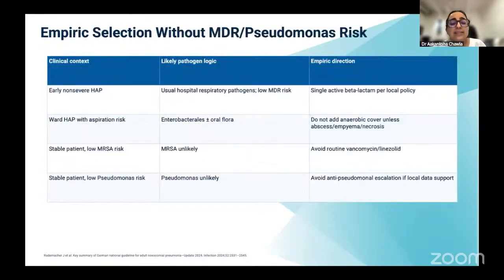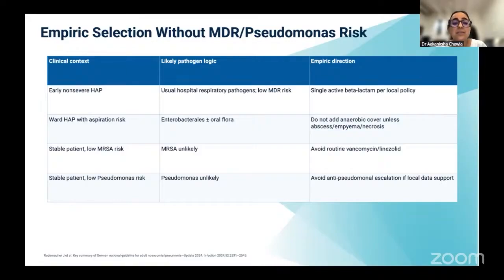So how would your empiric selection of an antibiotic look in patients who do not have risk for MDR bugs or Pseudomonas? In early non-severe HAP, generally a single active beta-lactam as per your local antibiogram is usually enough. For patients who develop HAP in the ward with aspiration risk, you do not add anaerobic cover unless you suspect the patient to have abscess, empyema, and necrosis.